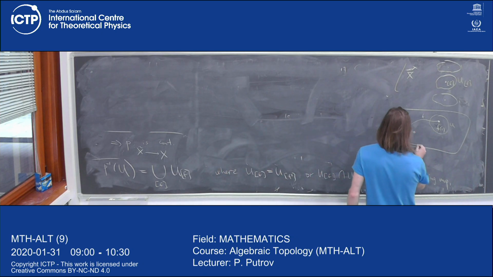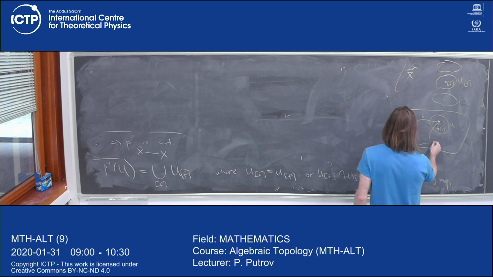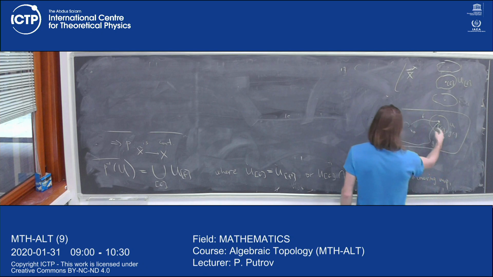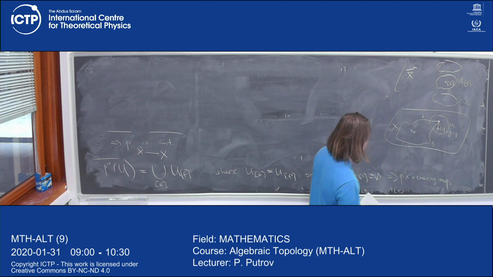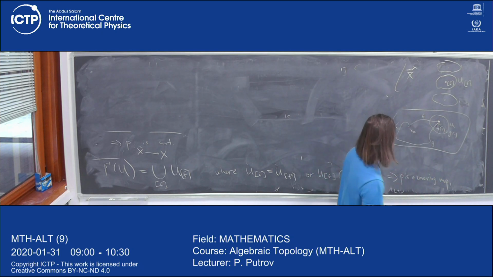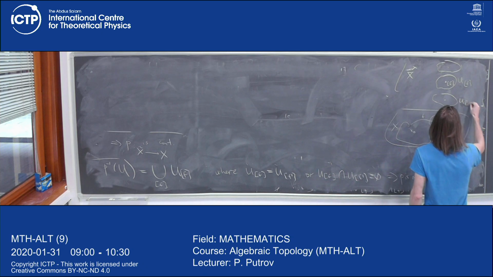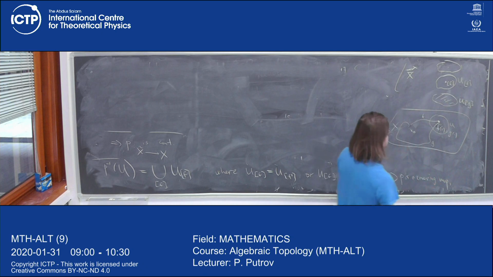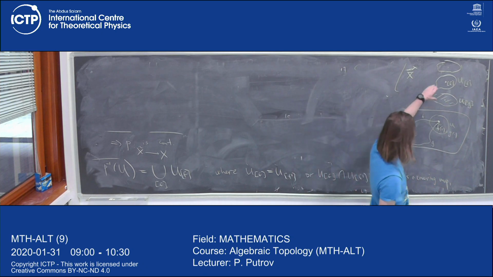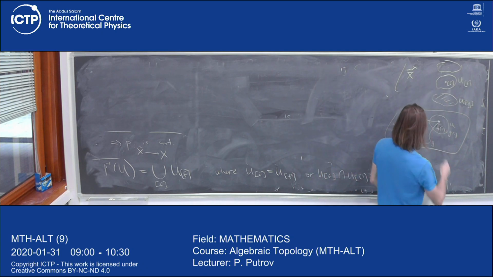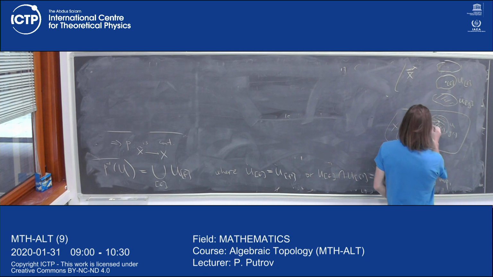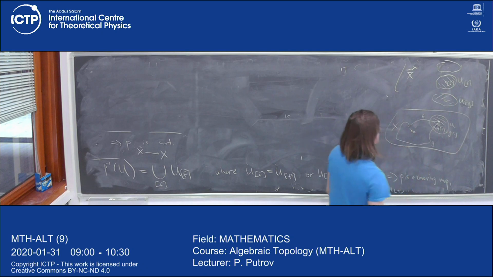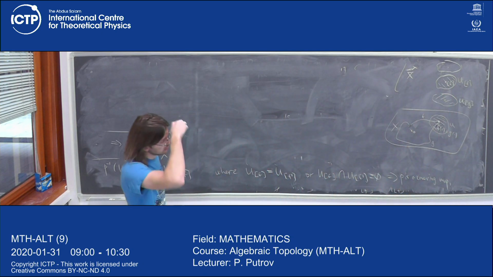So if I take some path G which has the same endpoint but is not homotopic to F, this gives me a different open set here. They are both homeomorphic to U, as we showed, but they do not intersect.